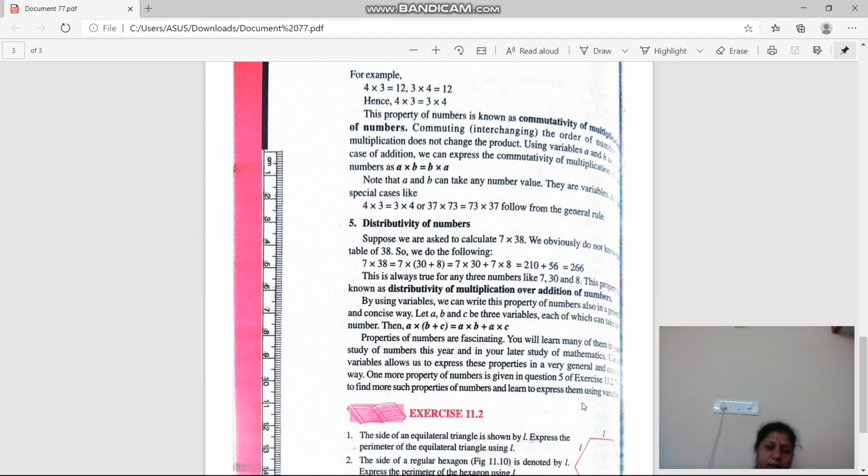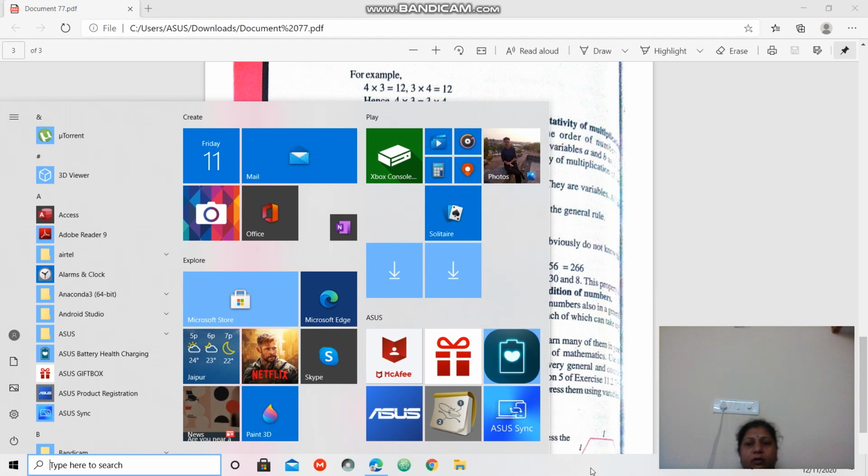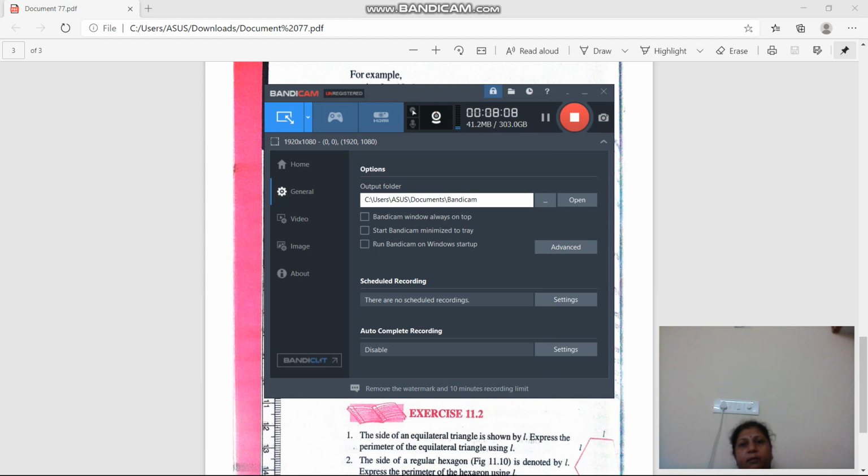Okay, so first of all, before starting exercise 11.2, you have to read all these properties carefully. We just studied them, but it is necessary to read these properties and understand them properly.